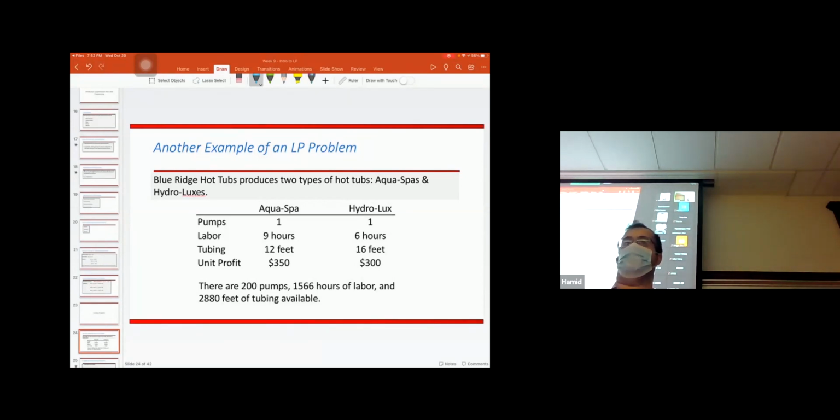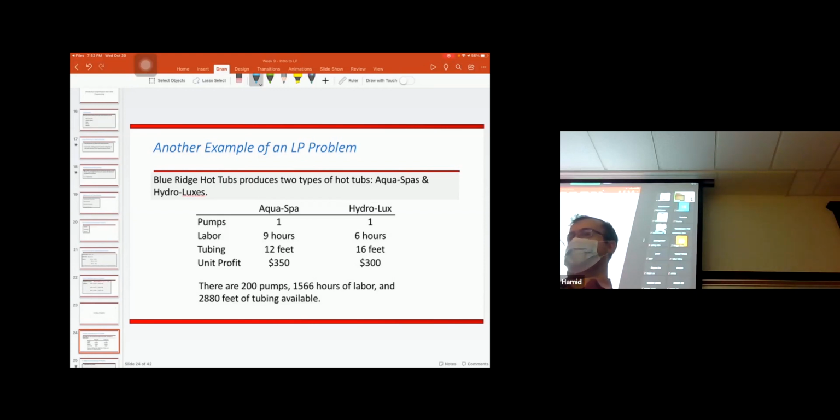Decision about what here? Now this is the objective function, but you decide on how many hot tubs you want to produce. Very good answer. Yeah, these are your decision variables.